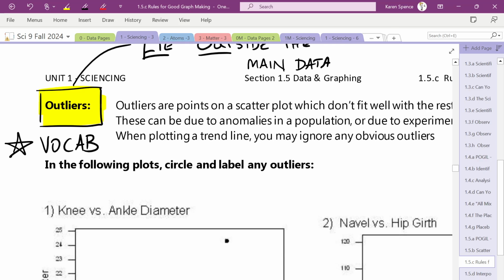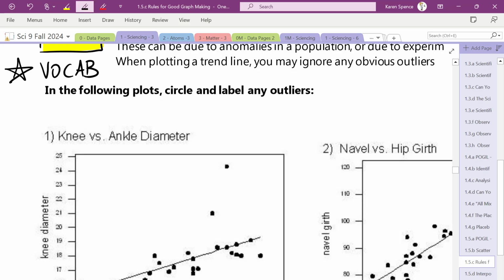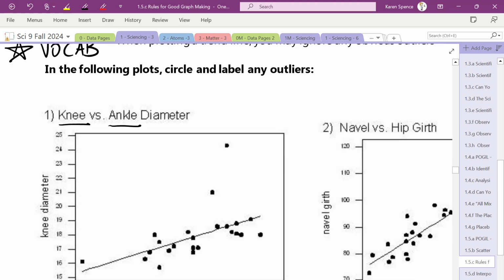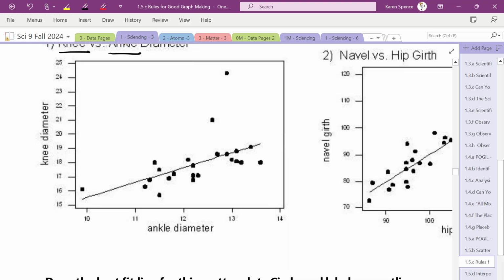So let's take a look at this. We have knee diameter versus ankle diameter. So for the most part, as ankle diameter is getting bigger, knee diameter is getting bigger by about the same amount. However, what's up with those 2 points? Somebody just has really, really big knees.